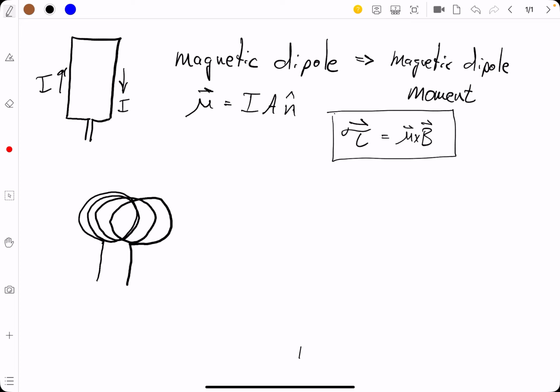So how many circles do we have? N circles. In our case, it's n equals 4. So our torque now is equal to 4 I A n hat.